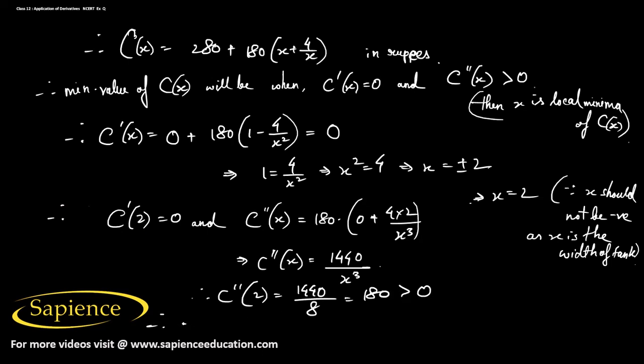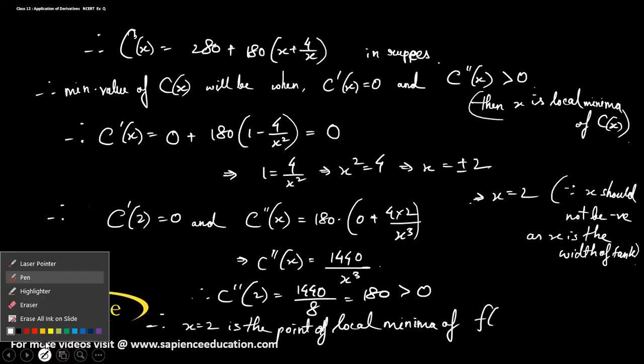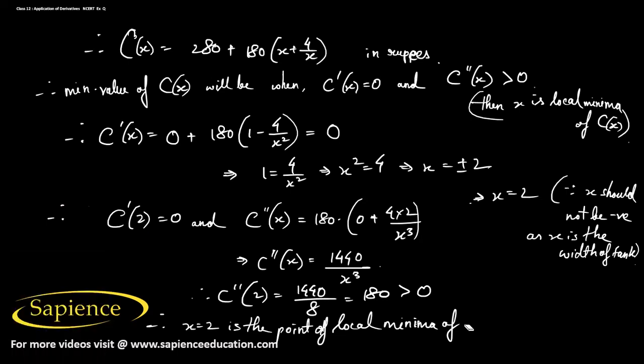So therefore x equal to 2 is the point of local minima of the function c of x. It means that c of 2 is the minimum value of c of x.